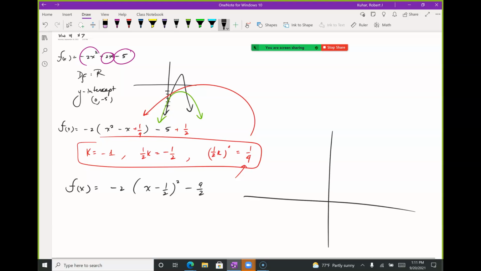Oh, this is telling me something. It's telling me that my vertex is at (1/2, negative 9/2), and it opens down. So there are no real x-intercepts on this particular one. x equals 1/2 is the axis of symmetry.